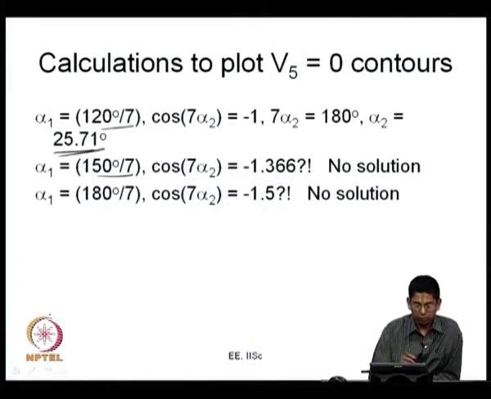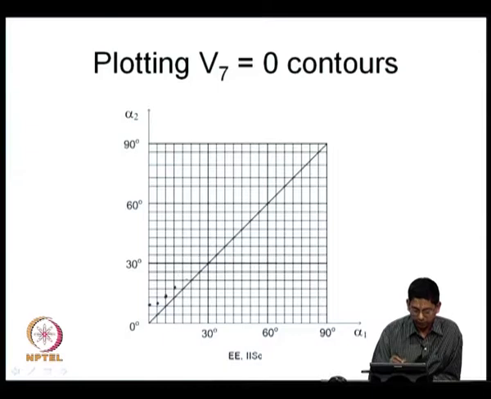Then you come to 120 by 7, you have alpha 2 is 25.71 degrees. So, 25.71 is something like here. So, this is the curve that you have, and this is just one of the solutions.